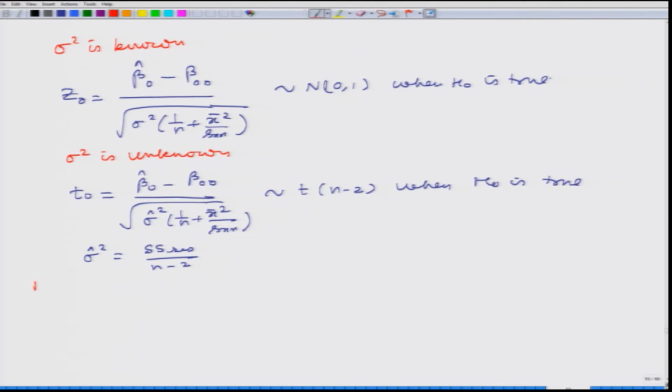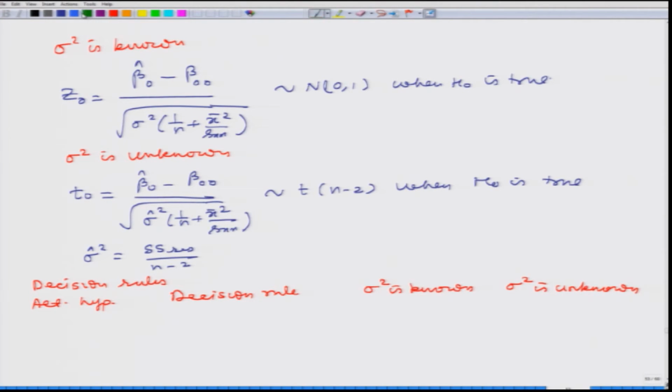Now, what about the decision rule? The decision rule remains the same, and we will write it down briefly. Depending on my alternative hypothesis, I will write down the decision rule under two cases: when sigma square is known and when sigma square is unknown. Right. First case, suppose the alternative hypothesis is H1: beta 0 greater than beta 0 0.